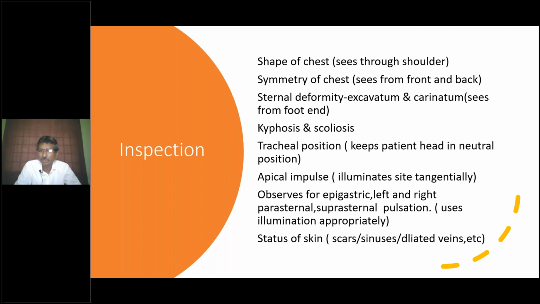So is it clear now why the apical impulse should be assessed in supine? If you are not able to appreciate it in the supine position, then you have to make the patient slightly elevated and see again in semi-recumbent. Do you understand how to position the patient to inspect for the apical impulse?